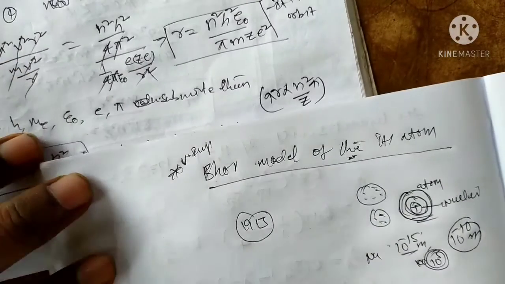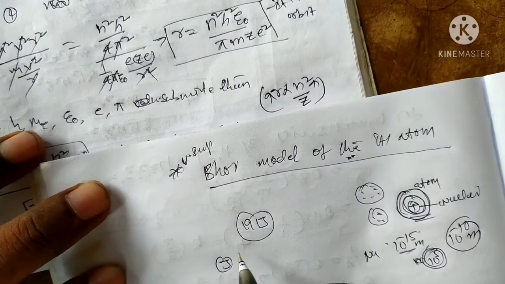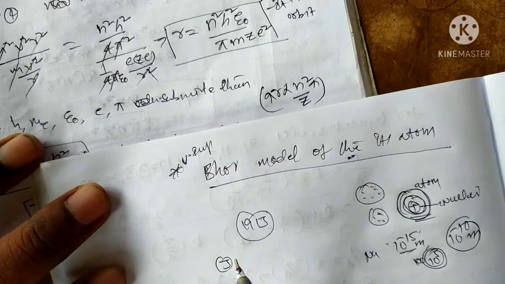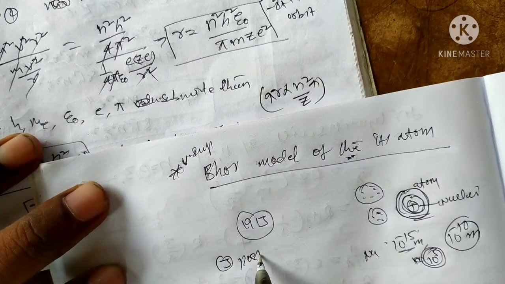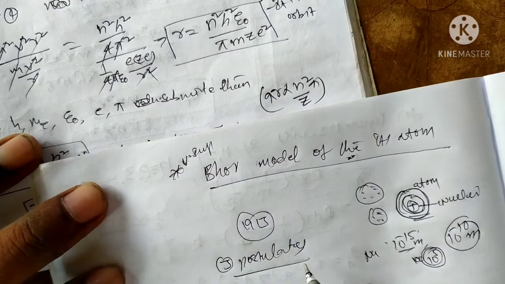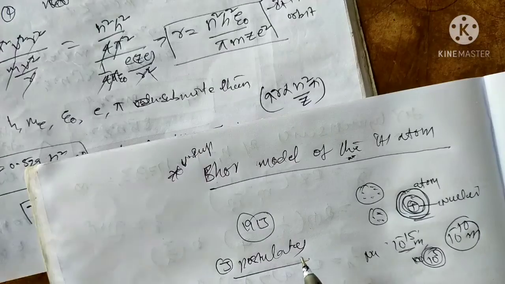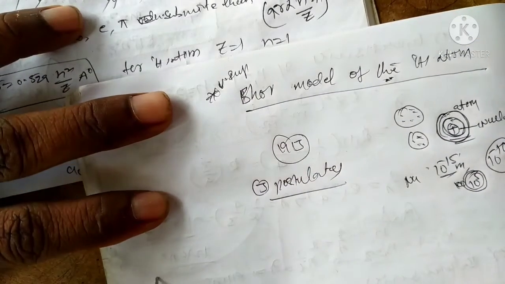From this, Bohr has three postulates. In that, what is the first one?